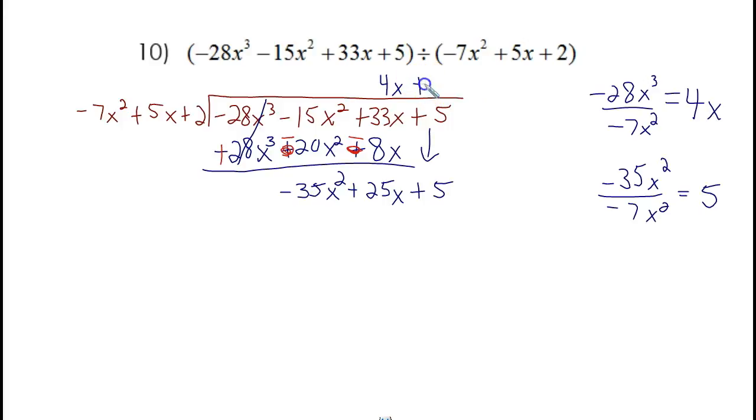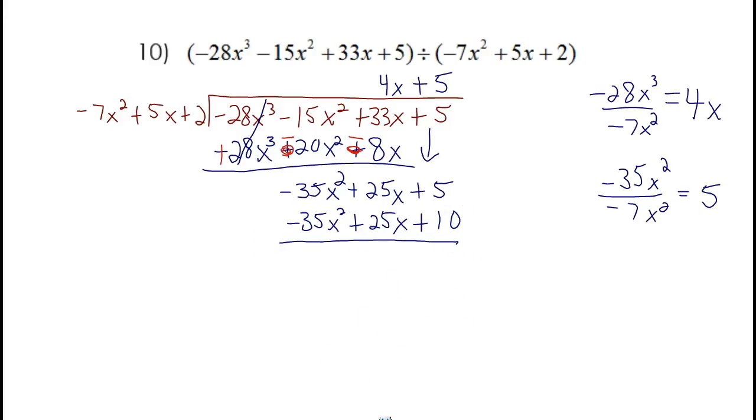So I'm going to put plus 5, and then I'm going to multiply by everything over here. 5 times negative 7x squared is negative 35x squared. 5 times 5x is positive 25x. 5 times 2 is positive 10.